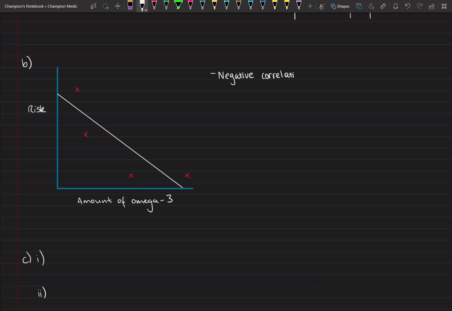So whilst it's not given exactly in the mark scheme, you can say something along the lines of this: as the amount of omega-3 fatty acids eaten per day increases, the risk of coronary heart disease decreases. So that's the negative correlation. Also, it's key to mention that correlation does not mean causation.